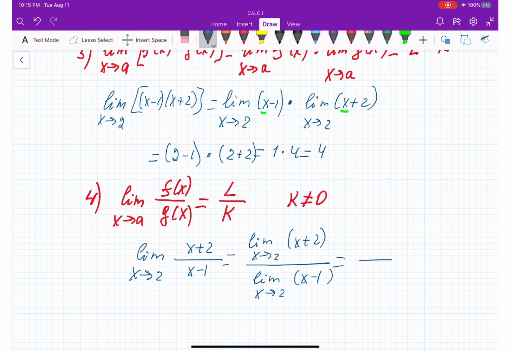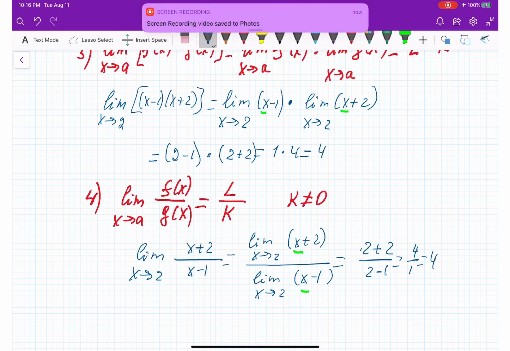So plugging in 2 here, and also 2 here, we are getting 2 plus 2, and here 2 minus 1, and we get 4 over 1, equal to 4.